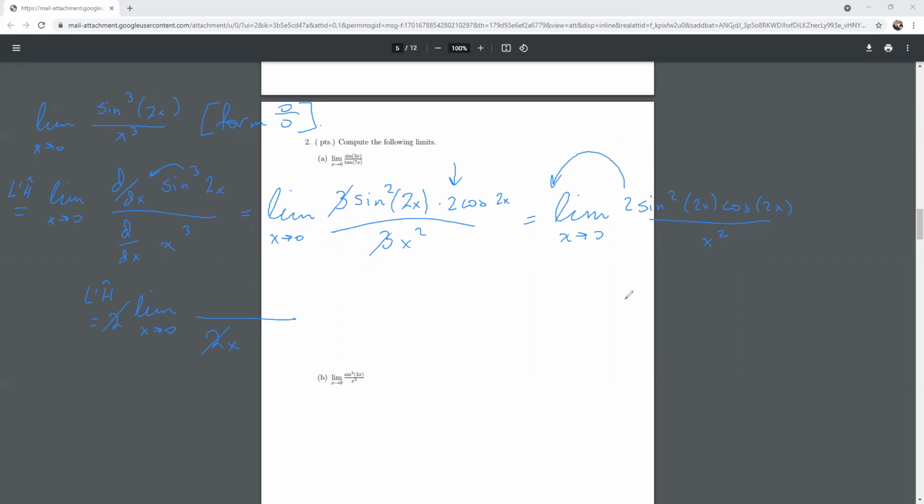Okay, so now we have to find the derivative, here, I'll do that down here, of sine squared of 2x multiplied by cosine of 2x. Again, power rule, right? That's the outermost layer. So that's going to be sine squared of 2x multiplied by the derivative of cosine 2x, plus the derivative of sine squared 2x, times cosine 2x.